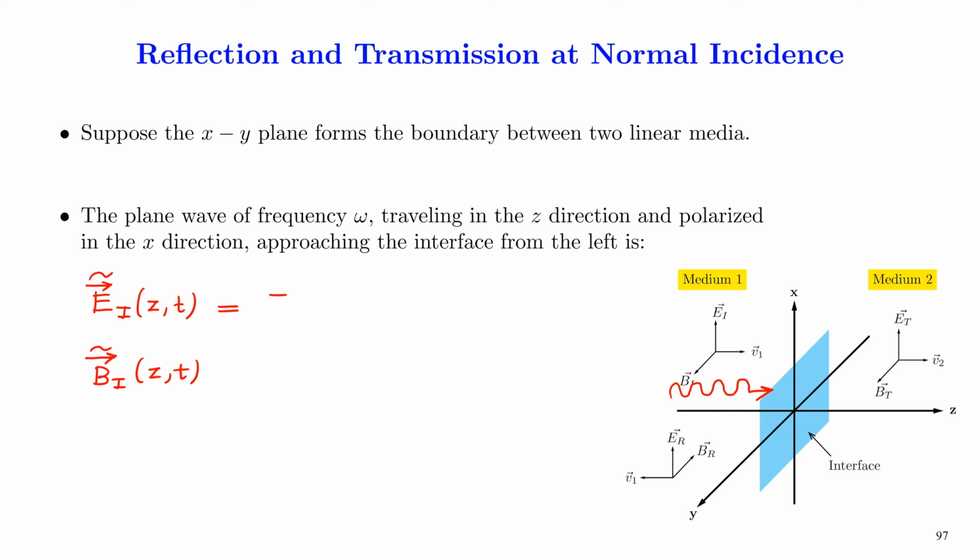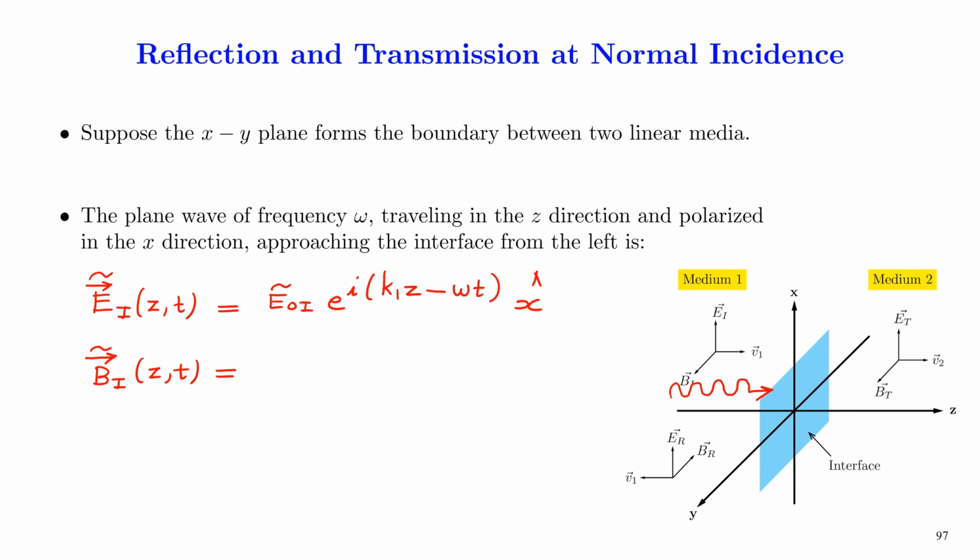This is equal to E0I, which is again a complex entity, e raised to i (k1 z minus omega t), where k1 is the propagation vector, polarized along the x hat direction.